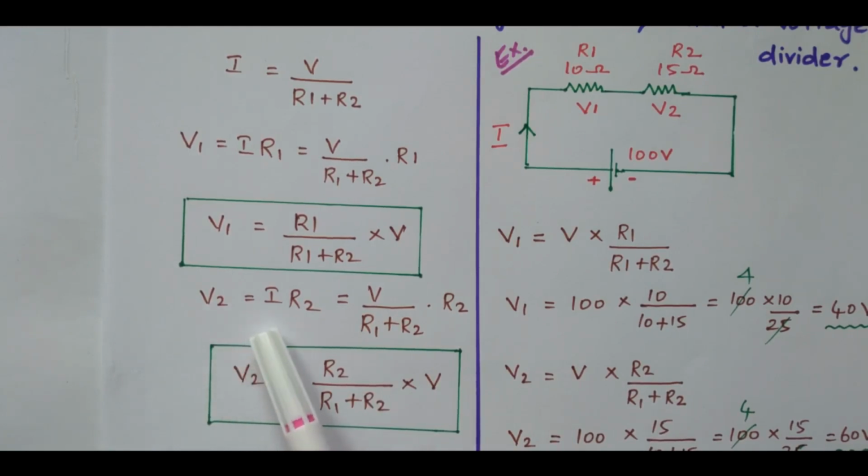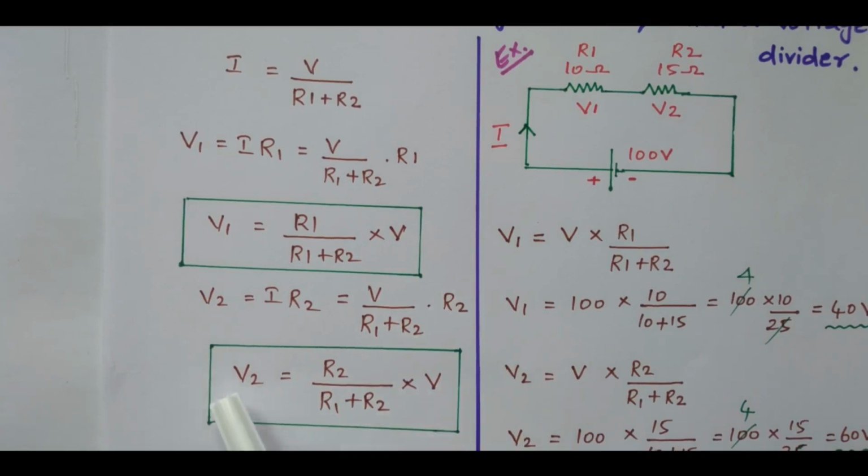I is the same current, so we replace I with V divided by R1 plus R2, giving R2 divided by R1 plus R2 into V.